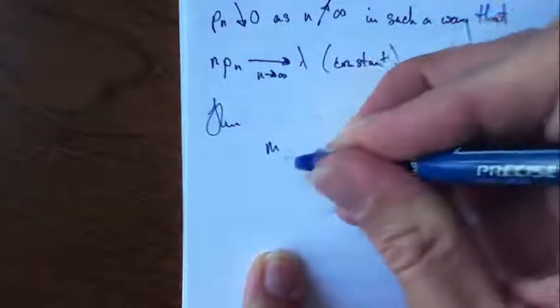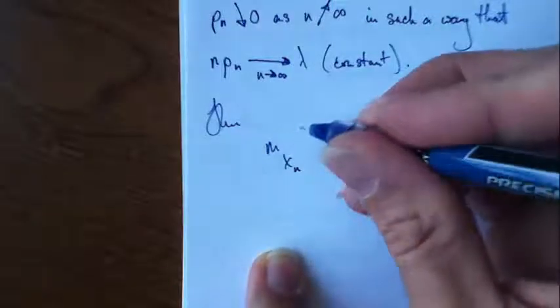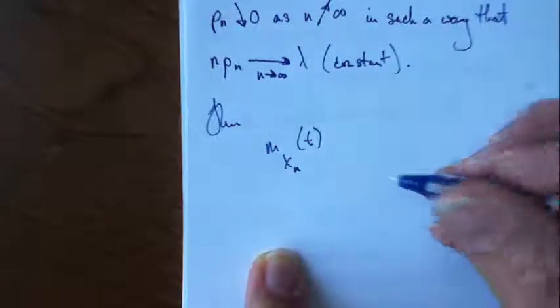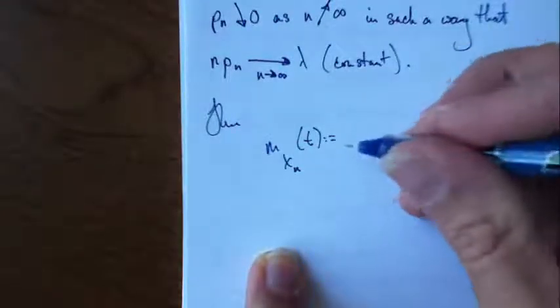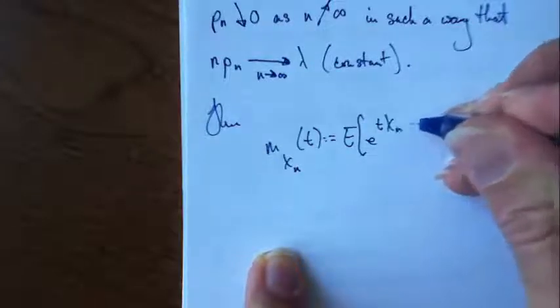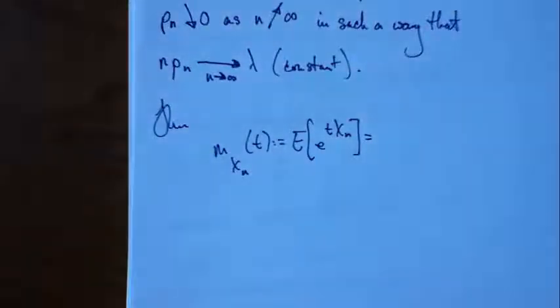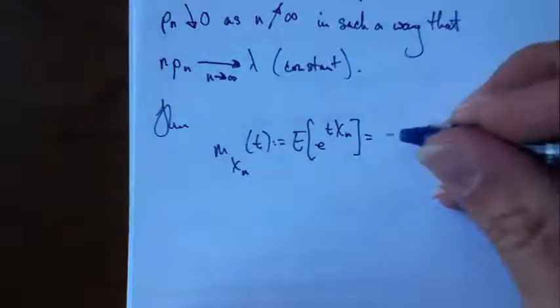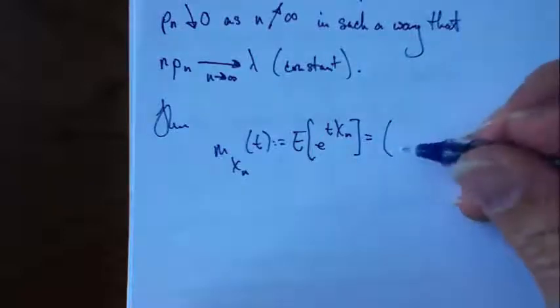So I'm going to just write down the moment generating function for X_n. It's a binomial. Again, this is defined to be the expected value of e to the t X_n. Now, actually, I know what that is. I can look it up on the web. Actually, we derived this earlier in the class.